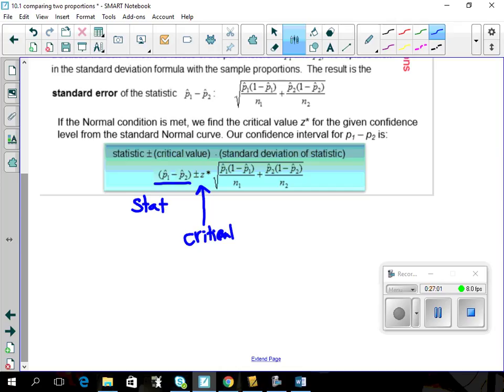Normal. And then what is all this garbage? It's not garbage. It's called the standard error because we're using p hats, not p's. When you use regular p's, it's called the standard deviation, but that's fine. So it's our standard error. Isn't that the same thing we're always doing every time anyway? Good. Beautiful.